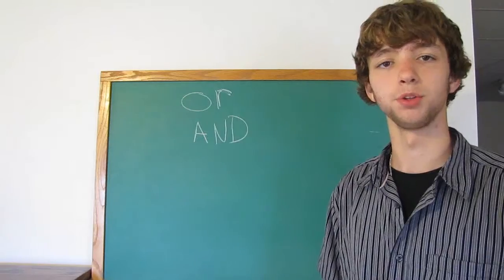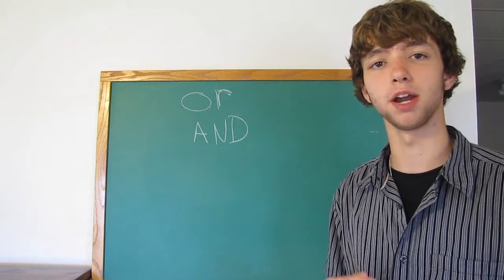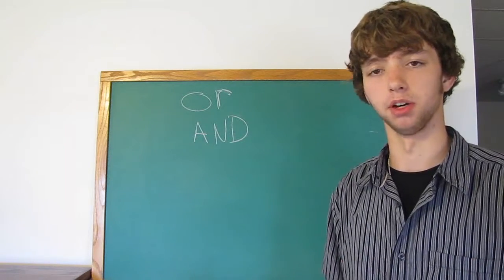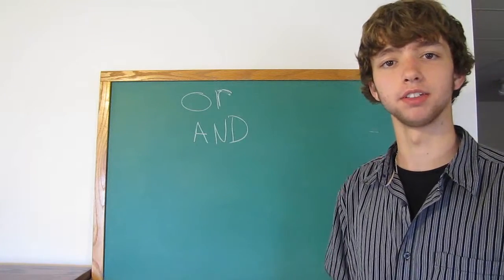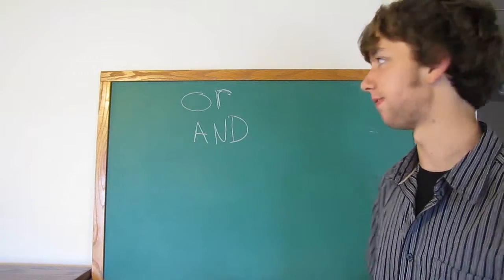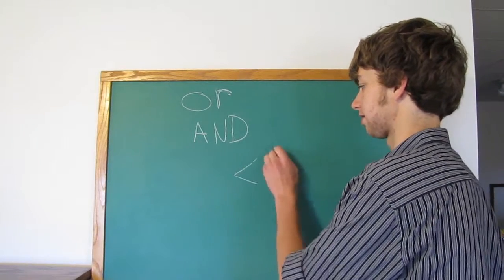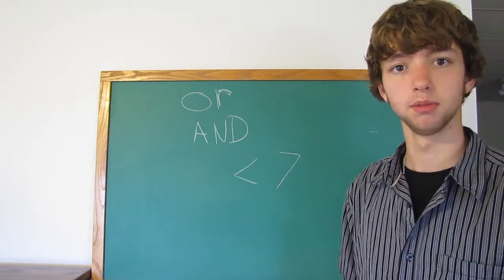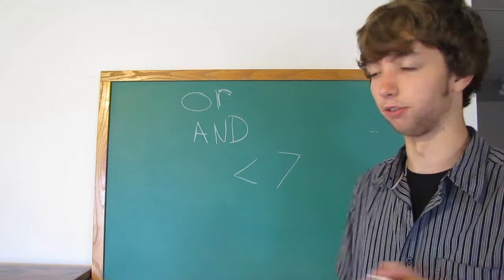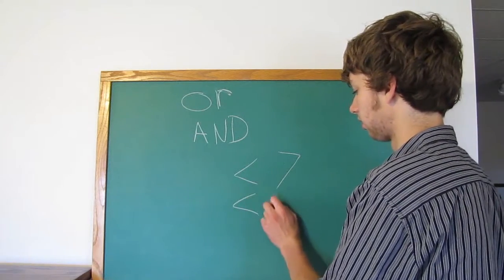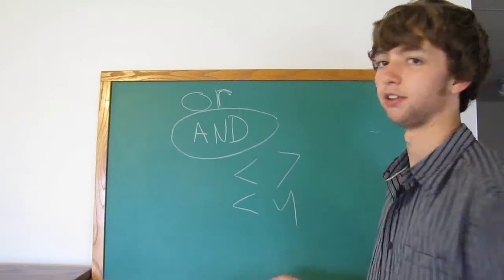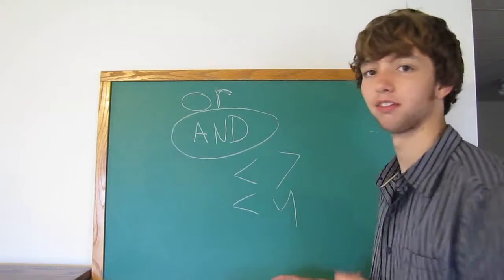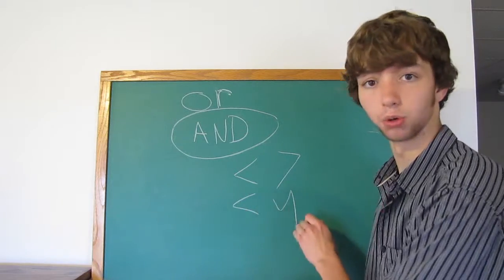If you want to invert it, such as is not null, you put the word not, N-O-T. Now when you're doing where clauses, you can actually compare against more than one option. So let's say you have the number 5. You can say, is 5 less than 7? And it is. But is it also less than 4? It's not. So you could do this by using and. You can say, is 5 less than 7 and less than 4?